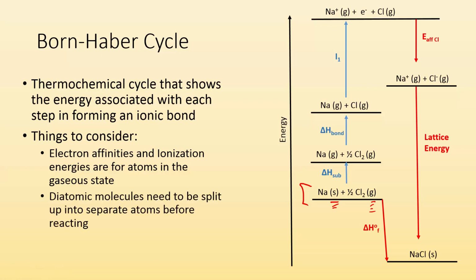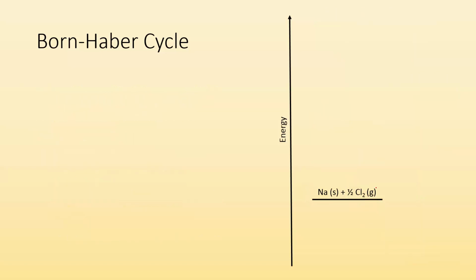We also have to concern ourselves with the diatomic molecules, because with the Cl2, we don't want the whole Cl2, we just want half of it. So in order to use half of it, we have to break that chlorine-chlorine bond. So we're going to have to take a look at the bond enthalpies for the diatomic molecules that we're working with.